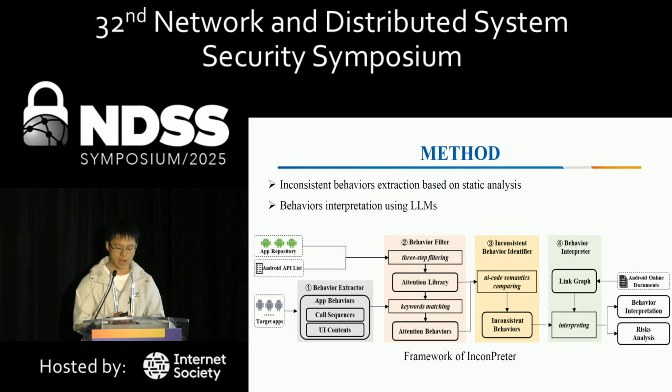Next, by comparing the semantics of the app's code and the related UI elements, we can extract inconsistent behaviors. Finally, using a large language model and external knowledge from the official documents, we can interpret the inconsistent behaviors into natural language and provide risk analysis to users as a reference. Next, we will give a detailed introduction of each part.